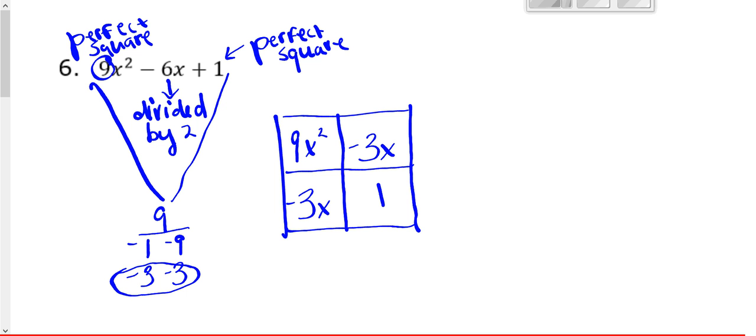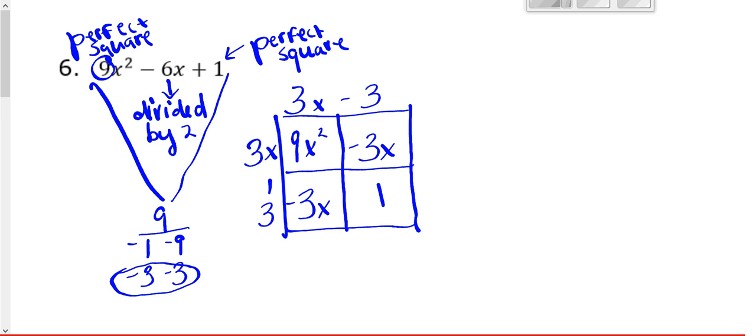Okay, so I know that this will need to be 3, and this will also need to be 3. So I have 3x and 3x. And this will need to be minus 3, and this will need to be minus 3. And I realize I just made a mistake on my key, because this is actually not a perfect square trinomial.